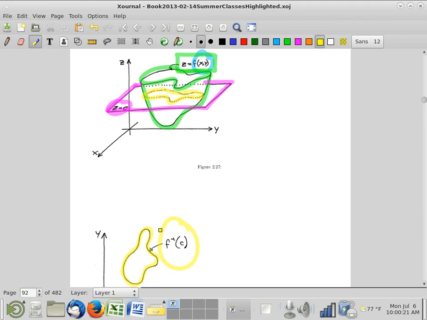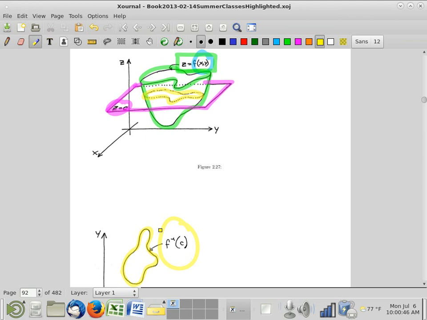Now, asterisk, ever so slight awkwardness. Technically, this cross section is a curve. It looks just like this level set curve, but technically this is a curve in R3. All the points on this cross section curve take place at an altitude where z equals c, and these points down here that are level sets don't have altitudes.